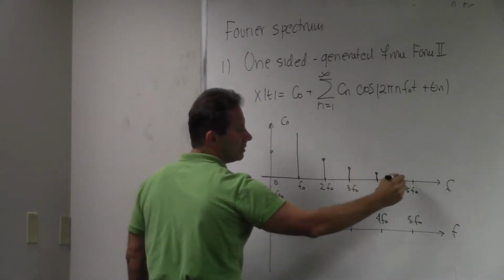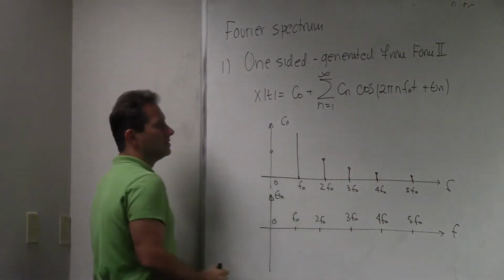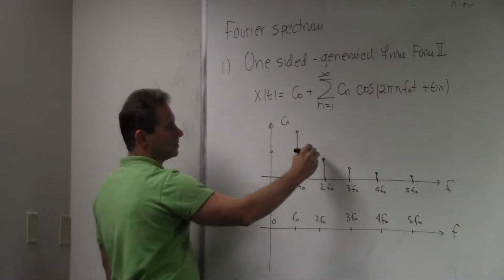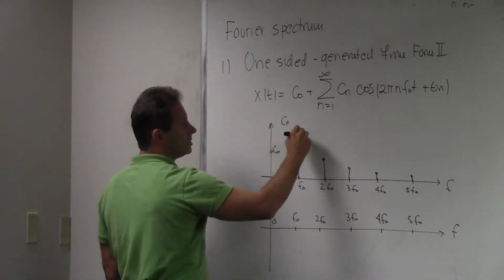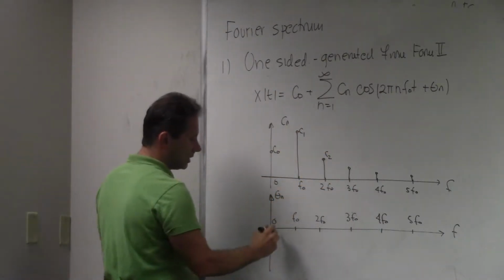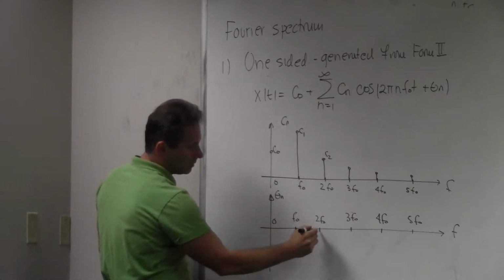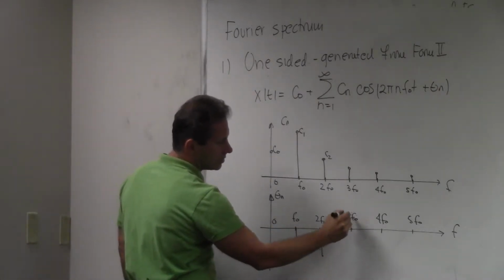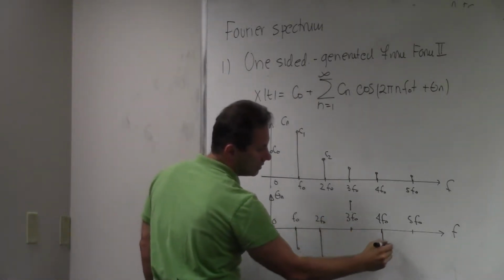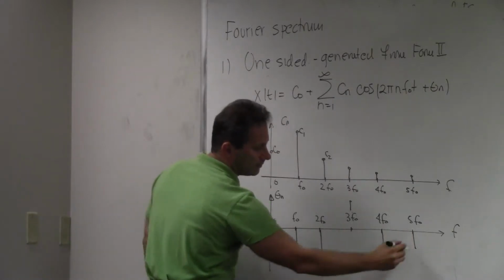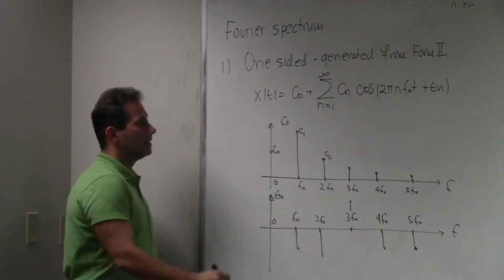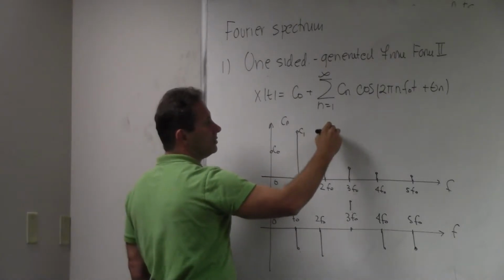And what we do is we just put whatever is the value associated with Cn. So this would be your C0, C1, C2, and so on. And then here you put whatever is the theta associated with the given component. This part here we call the amplitude spectrum.